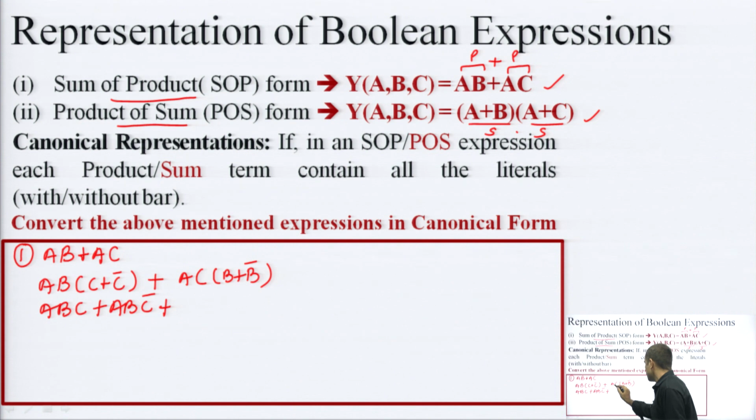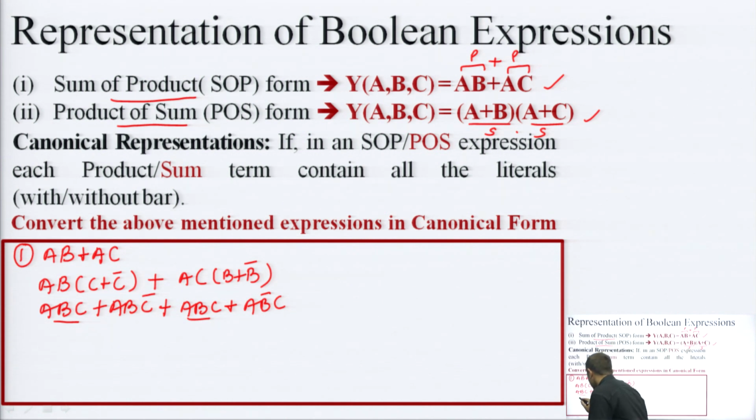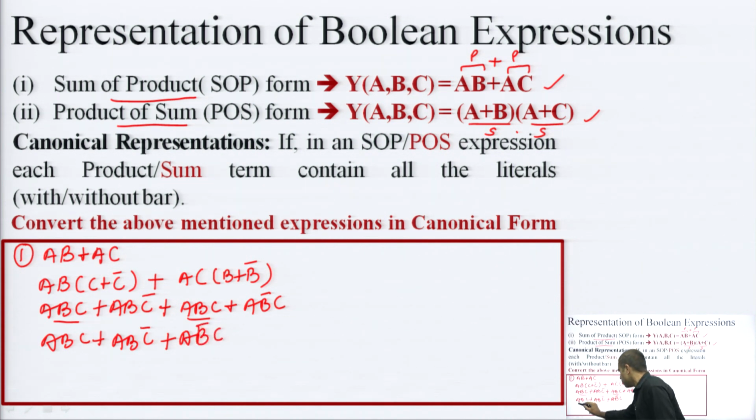Similarly, A C into B gives A B C, plus A C into B bar gives A B bar C. Now, A B C is getting repeated, so I will eliminate one of the terms. I will get A B C plus A B C complement plus A B complement C. Now, there are 3 products and all of them contain all the variables. So, this becomes my canonical SOP.